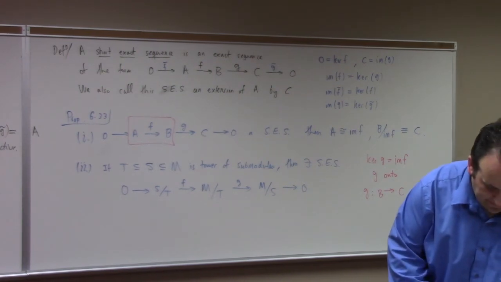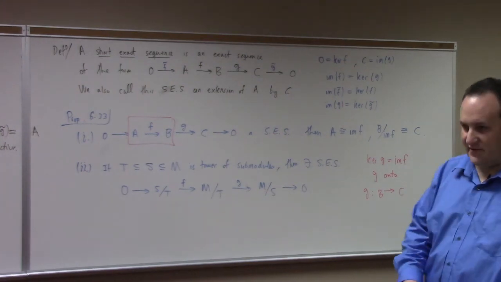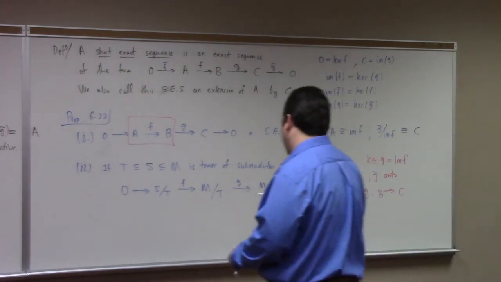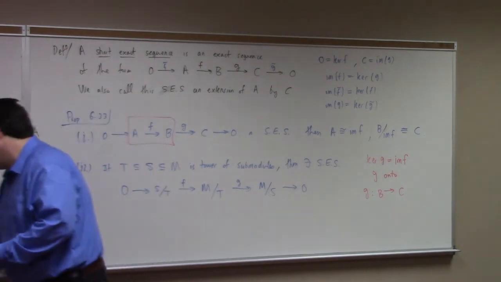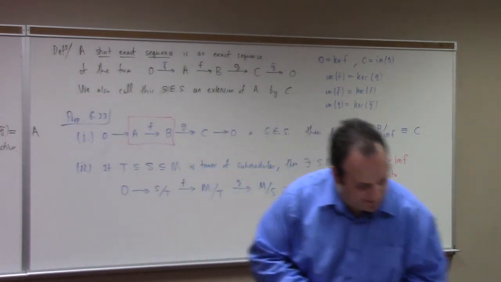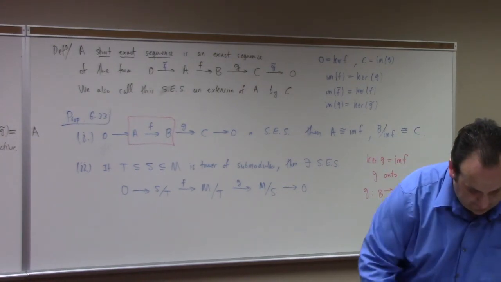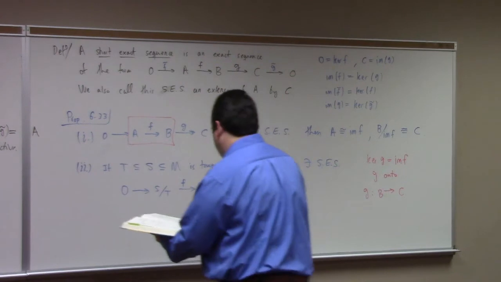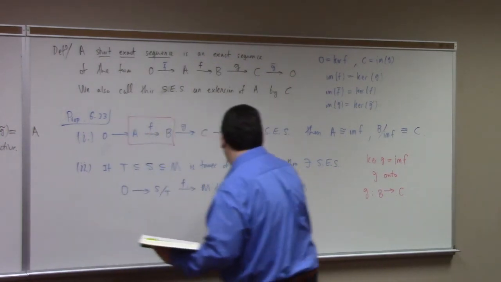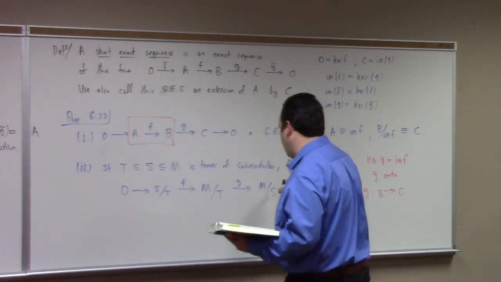And then for part 2, he uses what's called enlargement of coset. So for part 2, basically study the map. Well, he says you can draw this diagram. Then the question is to define these maps.